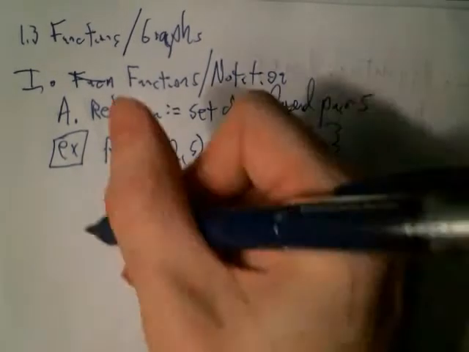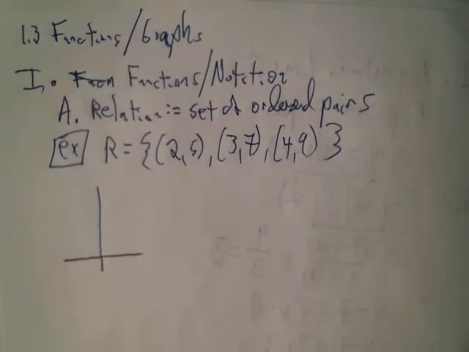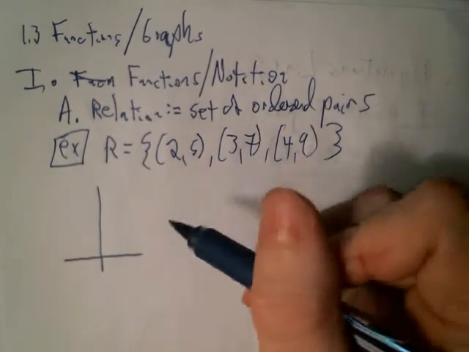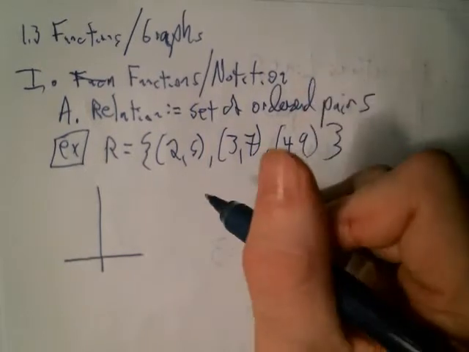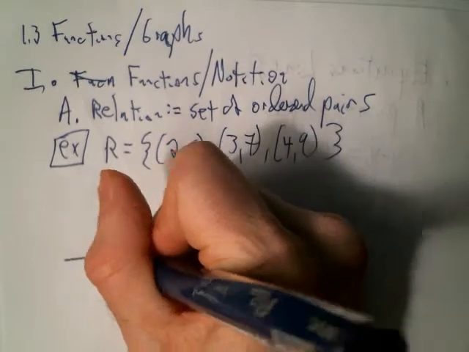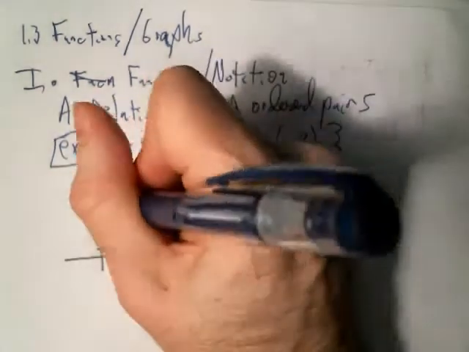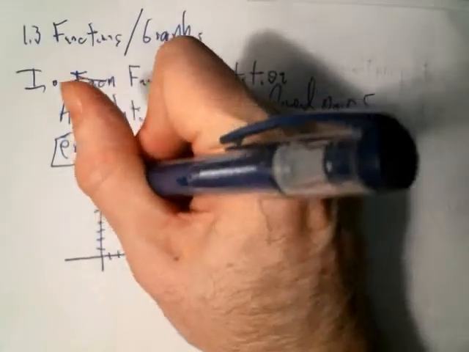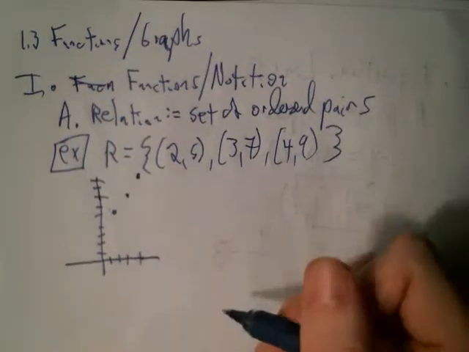You could plot those in the XY plane. When we deal with things in the XY plane, usually we're thinking of straight lines and parabolas and that sort of stuff. But this is the most bare bones thing you can have. Let's plot the points: 2, 5, then 3, 7, it's right there, and then 4, 9, it's right there. Okay, so that's a relation.